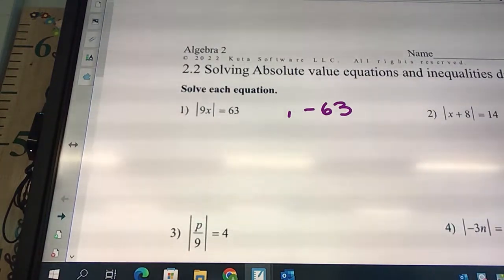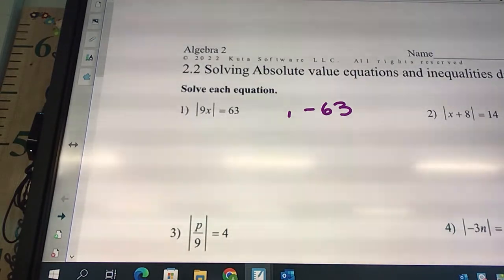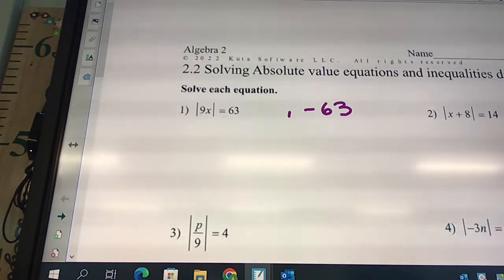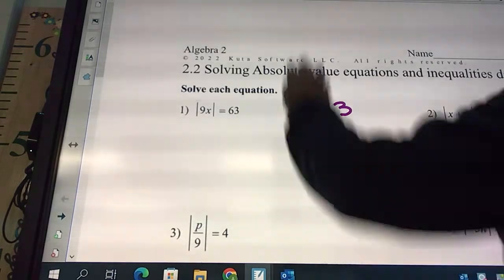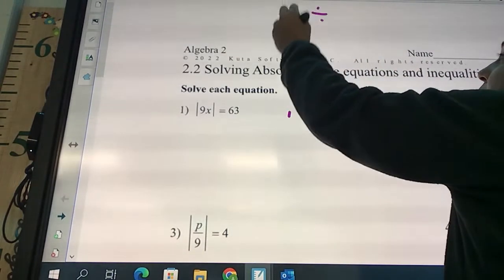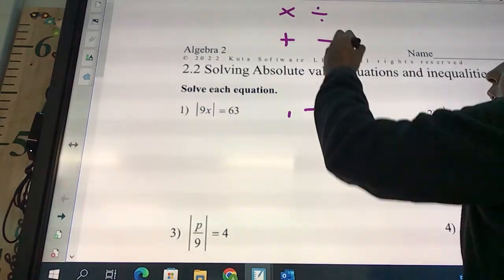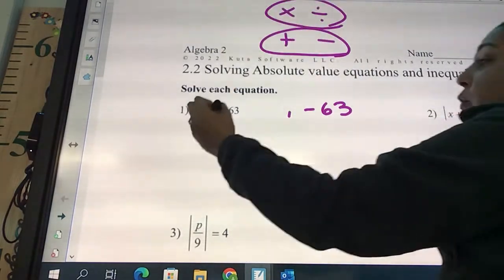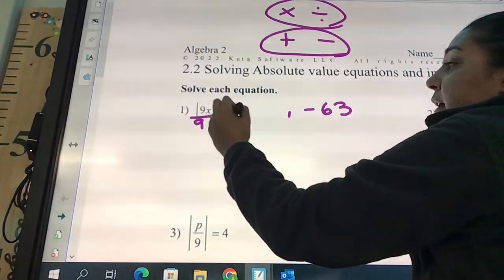What does 9x mean? What does that mean? Plus, minus, multiplication, division? Multiply. It means multiply. So we need to do what? Divide. We need to divide. Multiplication and division go together, and addition and subtraction go together. Those are the two groups. So we need to divide by 9.